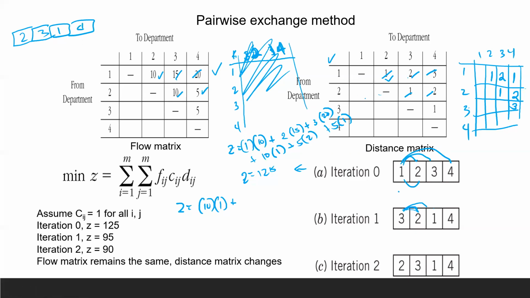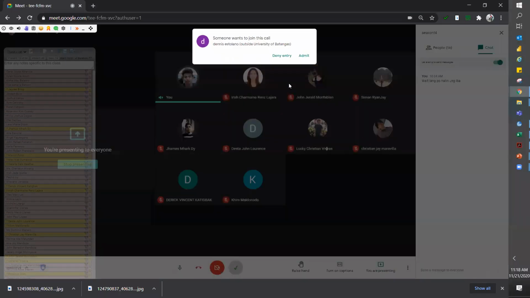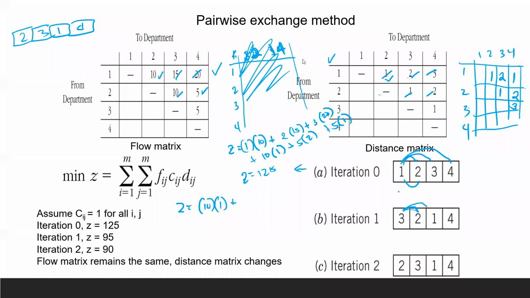Okay? So, i-consider since nasa lecture siya, so yan na lang natin. Pasadahan lang kumbaga. So, 3 to 1, 4. Tingnan natin to.